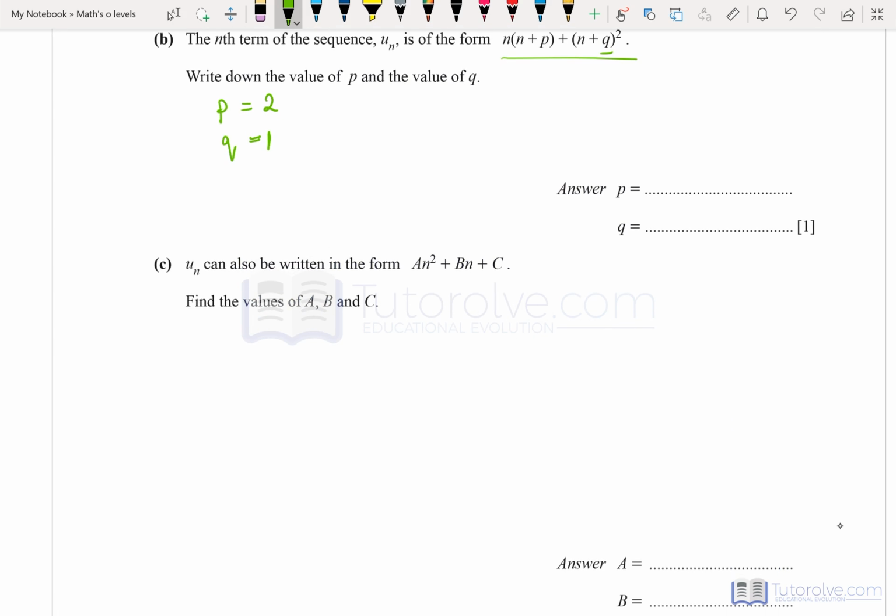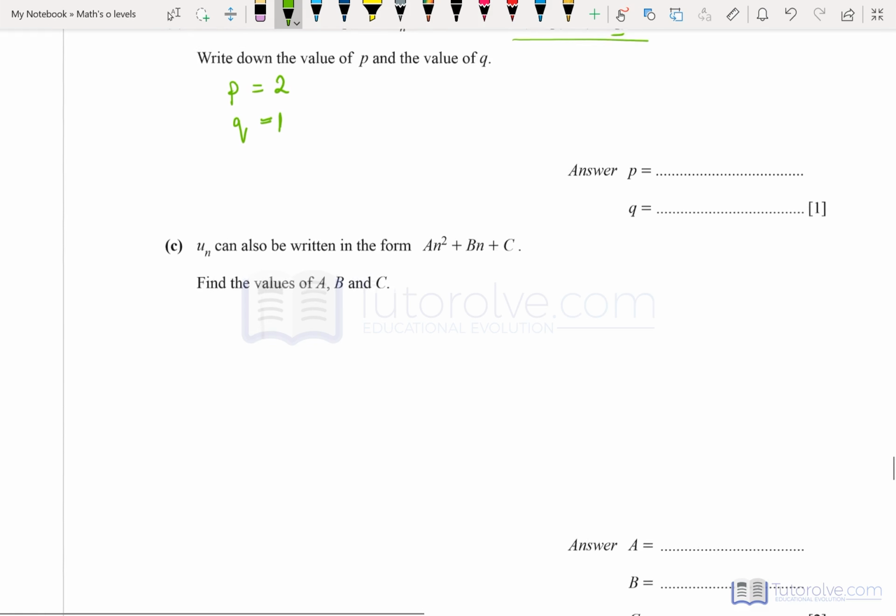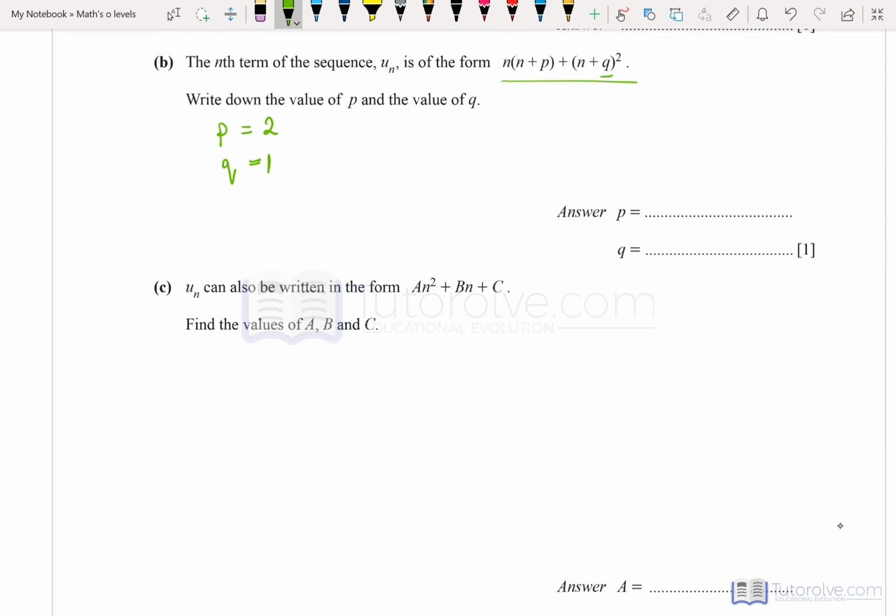So we have to find out the values of these. To do this, first you need to open this up. We have np. Simplifying, we have 2n squared plus 3np plus q squared.